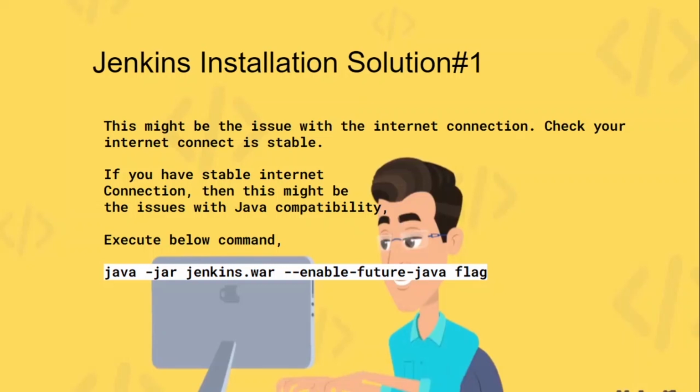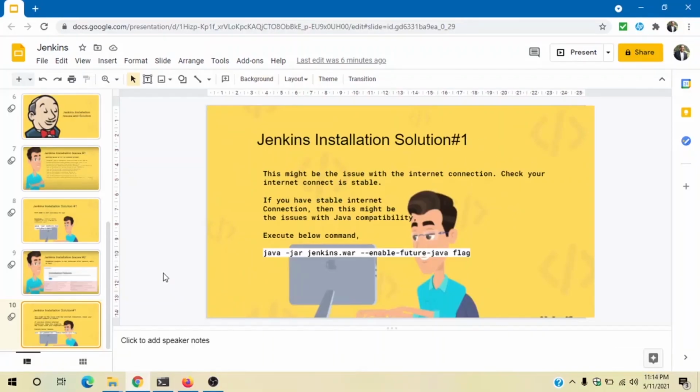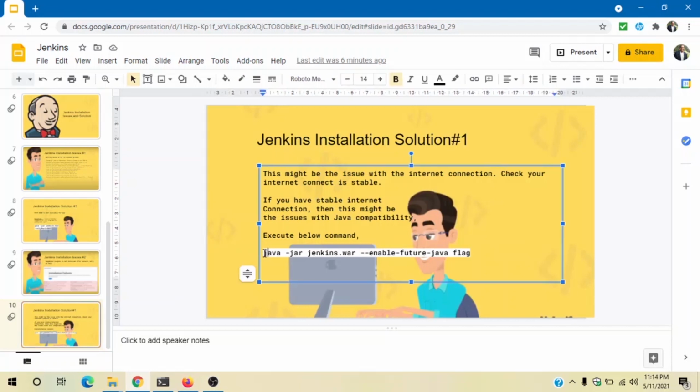In order to install Jenkins in compatibility mode, you have to execute the command java -jar jenkins.war --enable-future-java flag. Let's see this in action. I'll copy this command.